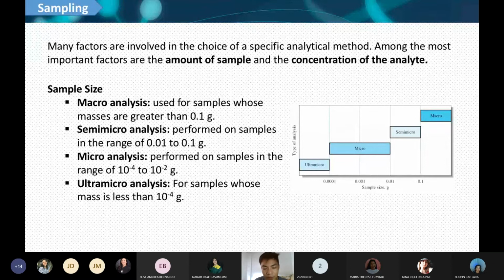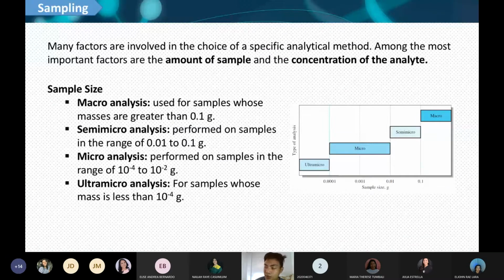However, if the amount of your sample ranges from 0.01 to 1 gram, then that's called semi-micro analysis. And then further below, if you are analyzing samples of 10 to the negative 4 to 10 raised to negative 2, that's called micro analysis. And anything less than 10 raised to negative 4 is ultra micro analysis.